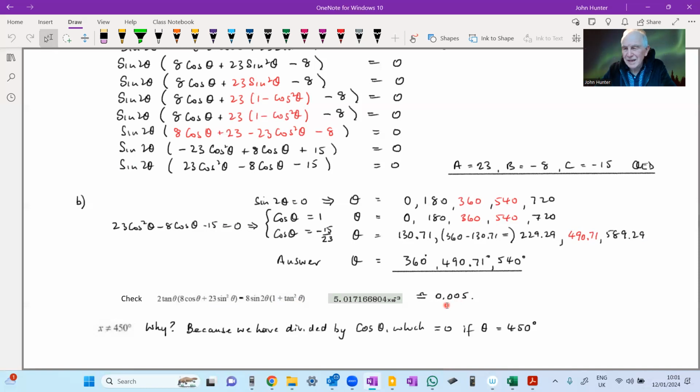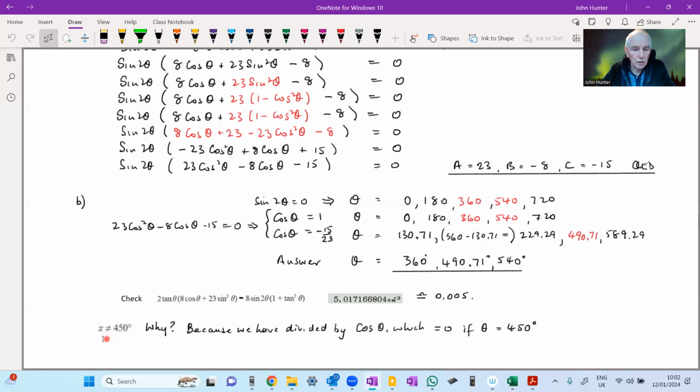So considering that's close enough to 0, given that I've done some rounding on these angles, I've taken that as a wrap. So there we go. Our three solutions: 360, 490.71, and 540.